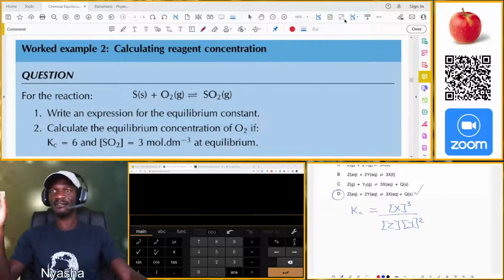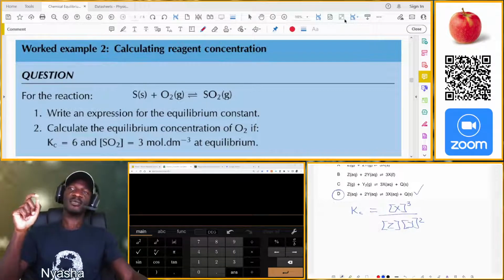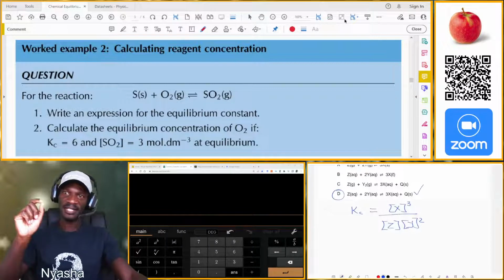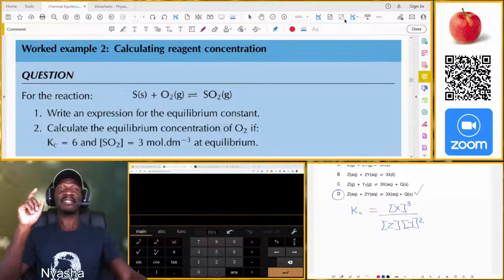This question says, for the reaction sulfur solid plus oxygen gas is equal to sulfur dioxide gas, write the expression for the equilibrium constant, and then number two, calculate the equilibrium concentration of oxygen, if Kc is that and the concentration of SO2 is that at equilibrium.